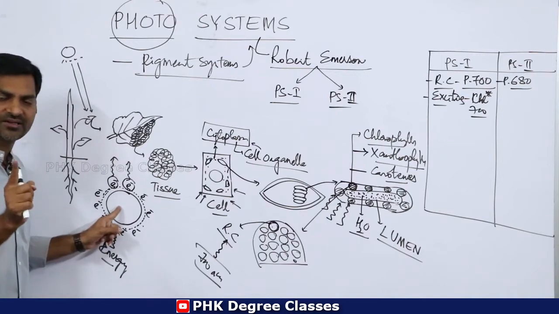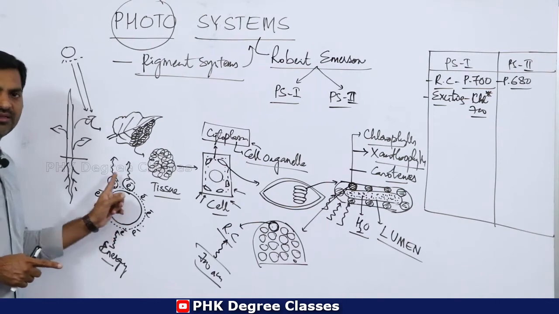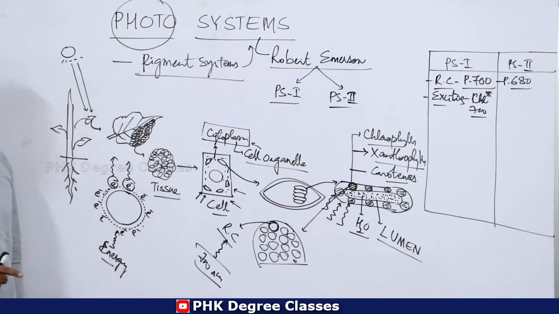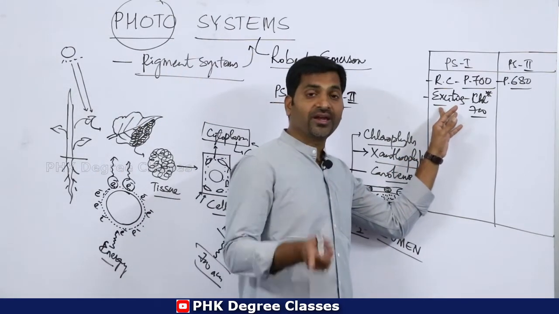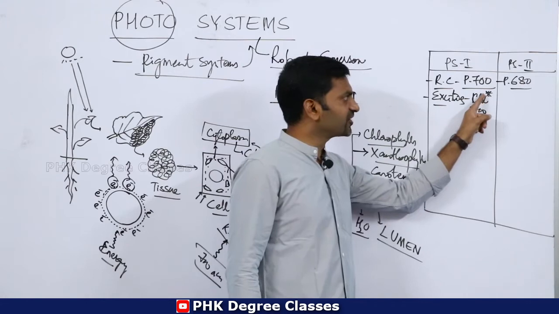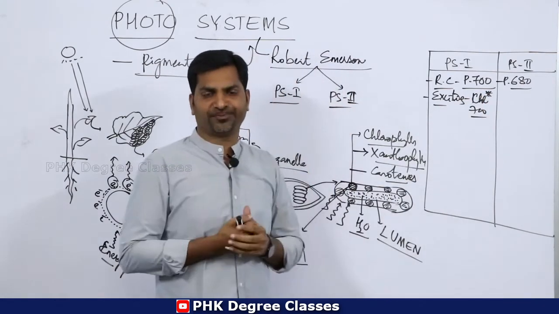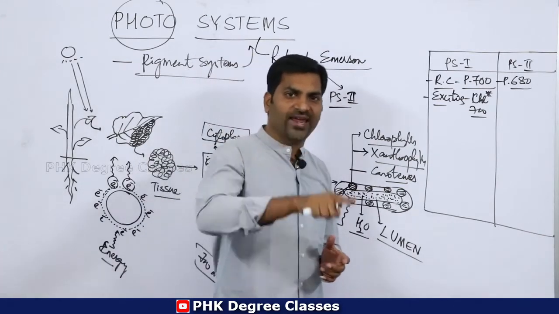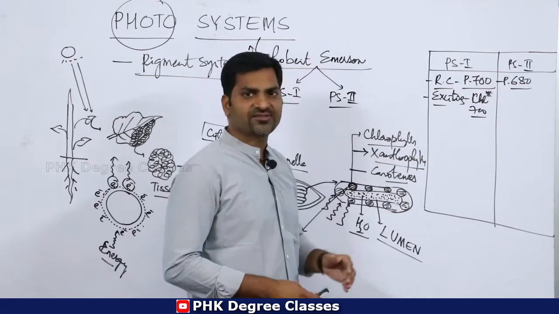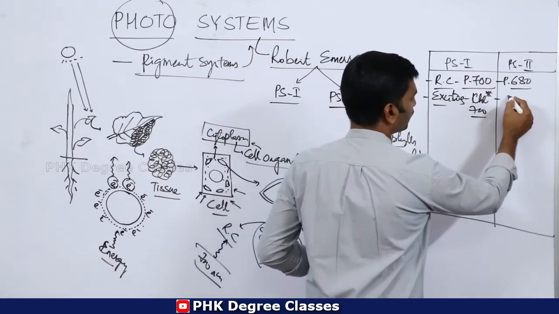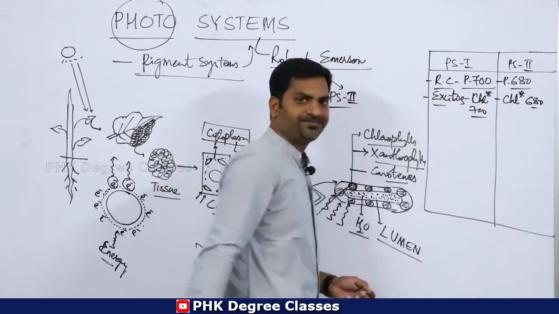That is, heat or light energy. When you give light energy to the chlorophyll A molecule, the outer orbital electrons will be lost. Clear? That condition can be called what? Excited condition. It is denoted in the form of CHL star. Chlorophyll star. Star indicates what? Excited condition. What is the molecule here? Chlorophyll A molecule, that is 700. Chlorophyll 700. What about this one? Simple. Excited condition of PS2 is chlorophyll star 680.